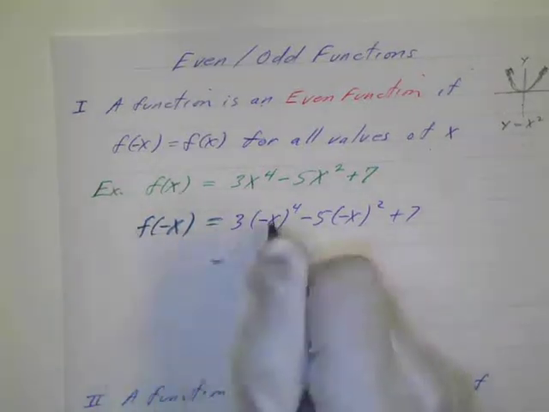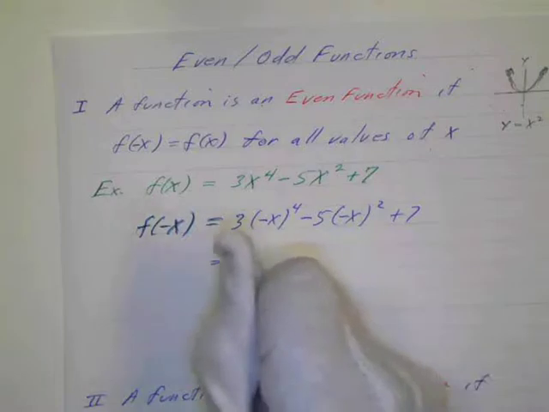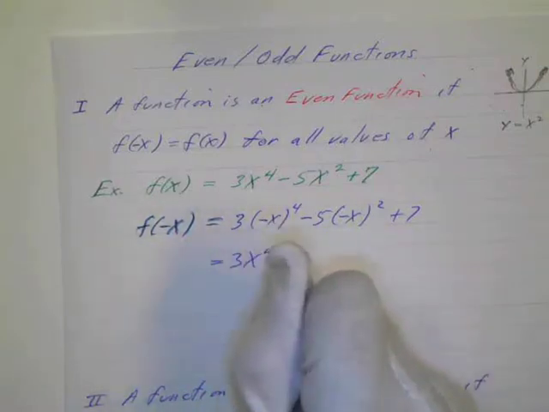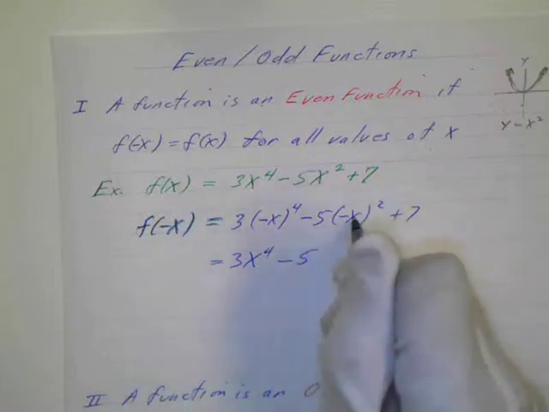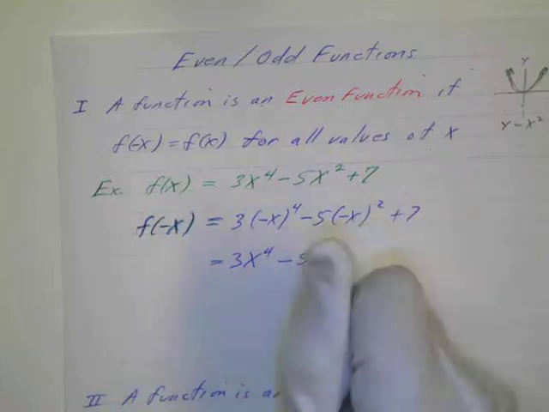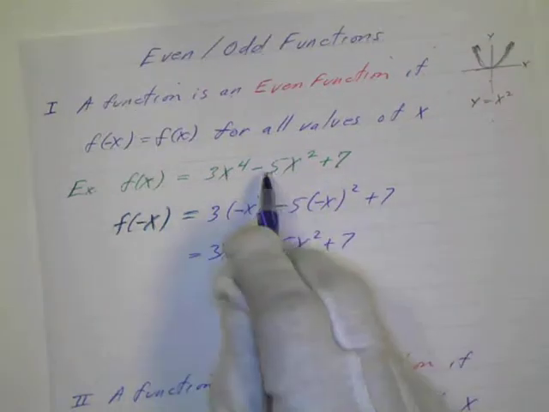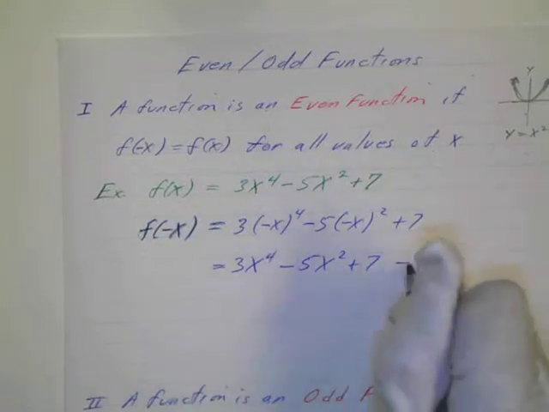Now, this is going to be 3 times, and a negative to the fourth power is a positive, so that's just 3x to the fourth, minus 5, and for x squared, a negative x times negative x is positive x squared, so just x squared, plus 7. But this is the same as f of x.